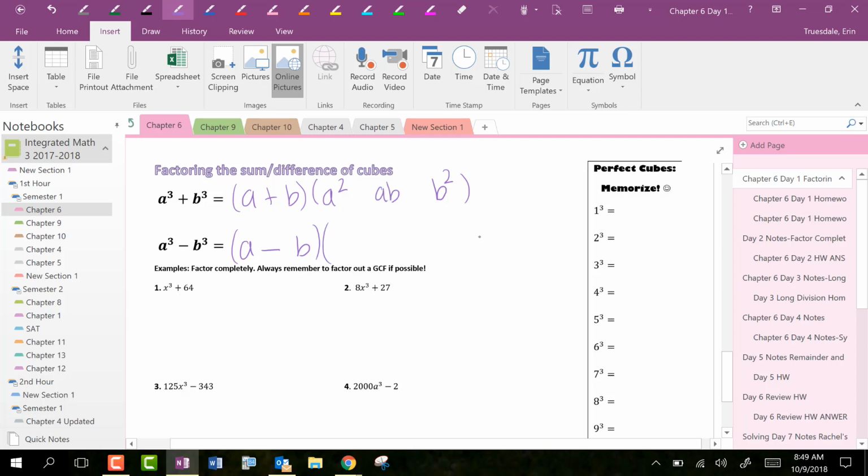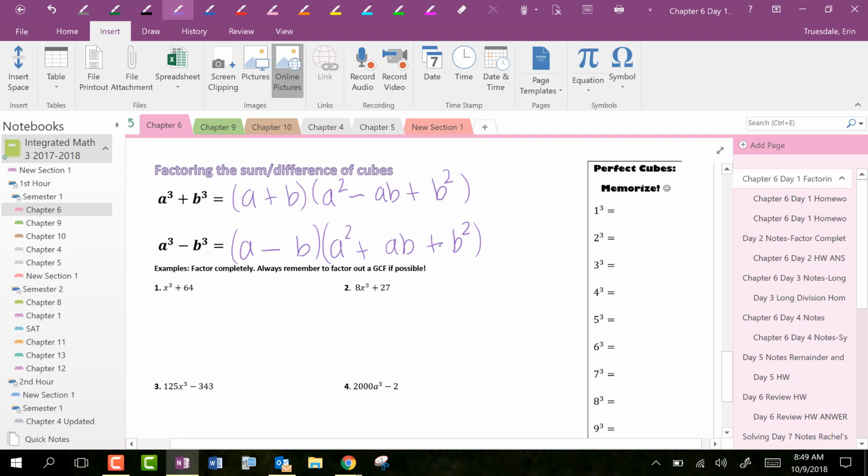Okay, same exact setup here. The only thing that changes is the signs. So when you had the same sign first, now you have the opposite sign, and then this is always plus or always positive. Okay, same sign, opposite sign, so this is plus, always positive.